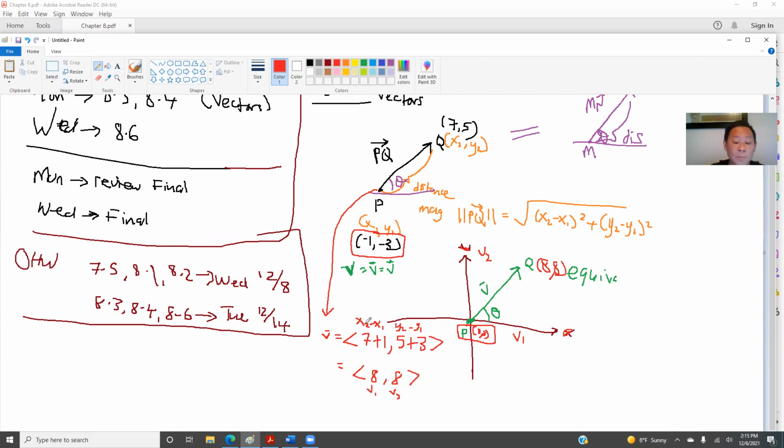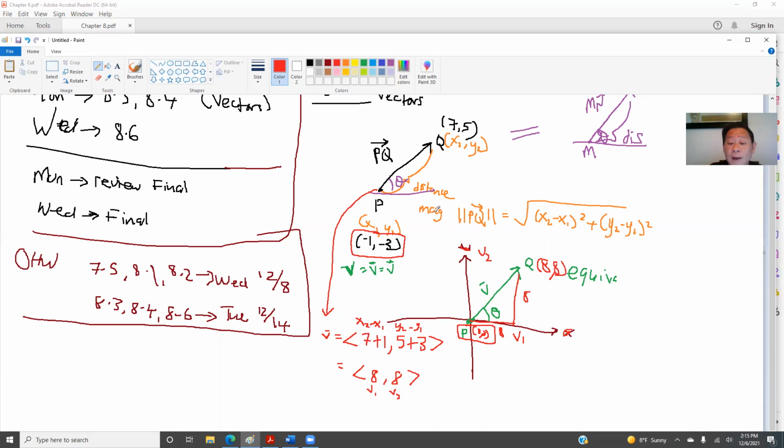You take x2 minus x1, y2 minus y1, and you get 8, 8. This is where you translate vector PQ to the vector V, where P is at 0, 0 and this will be at 8, 8, because your X value will be 8 and your Y value will be 8. It's very similar to coordinates, but they use V1, V2 instead of X and Y.